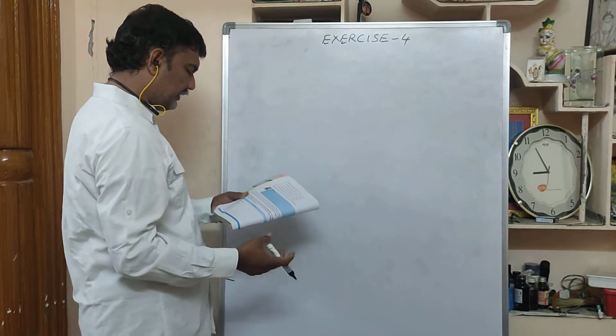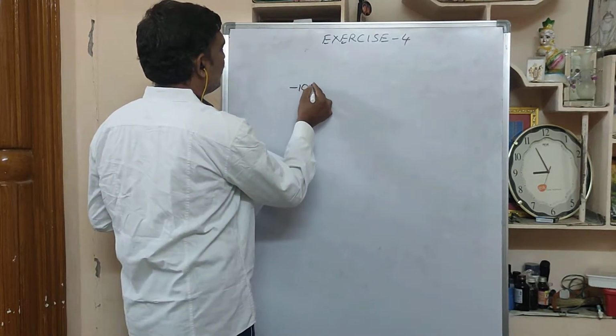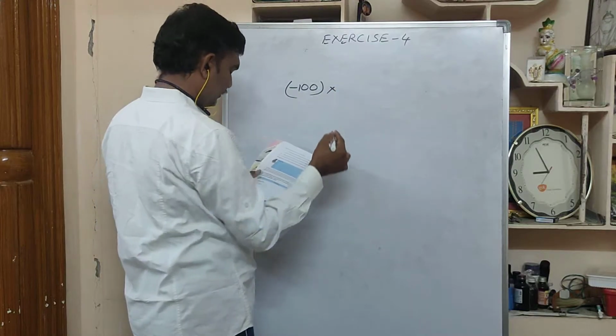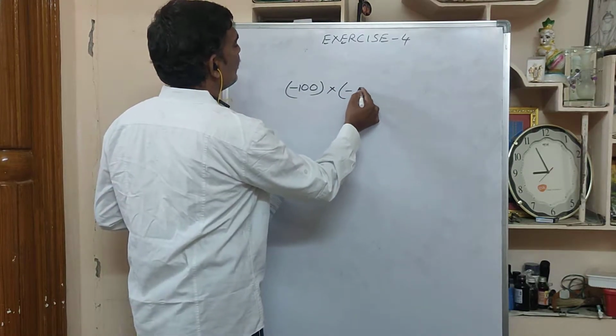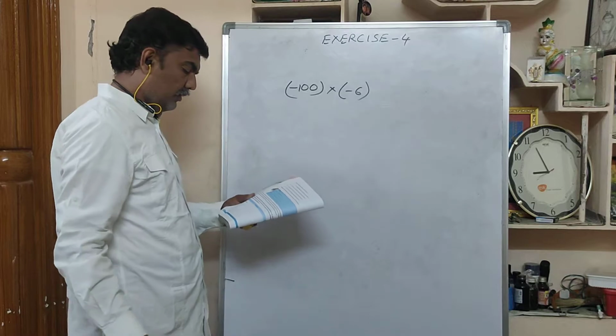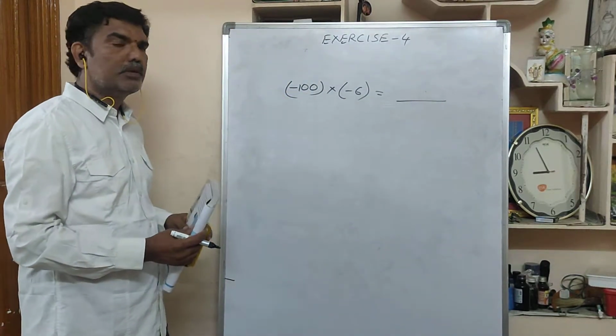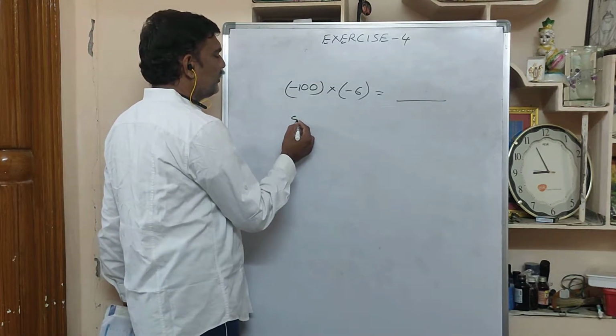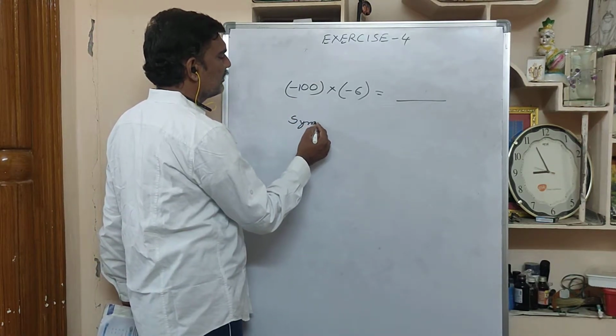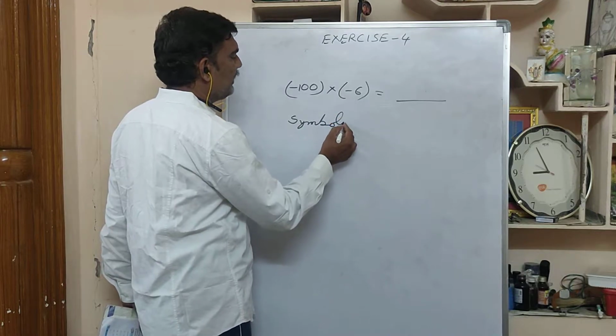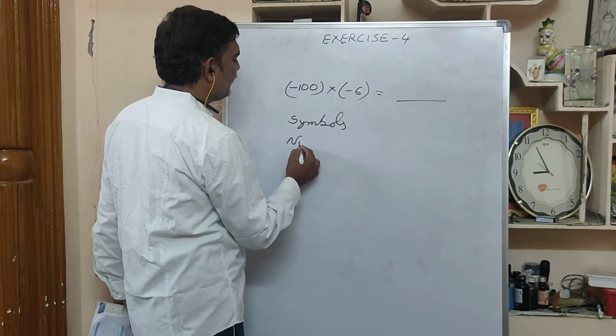Now the first problem is fill in the blanks, and minus 100 is there here into minus 6 is there. What is the product? First you have to multiply symbols, then next numbers.